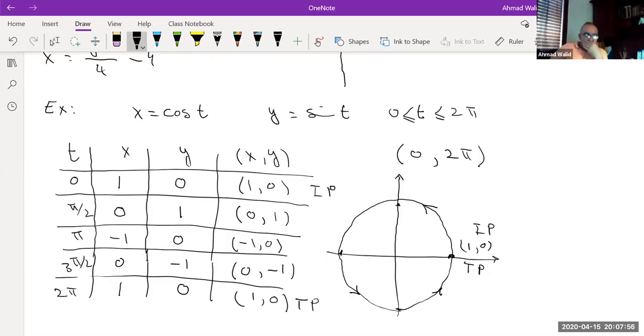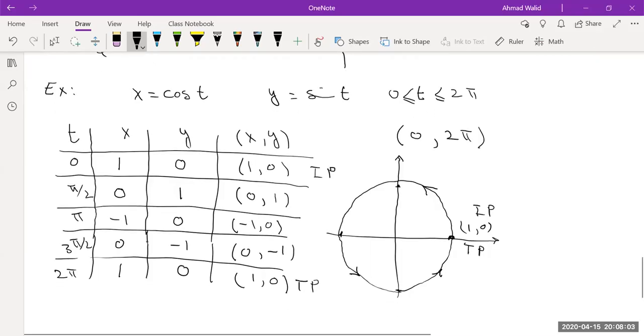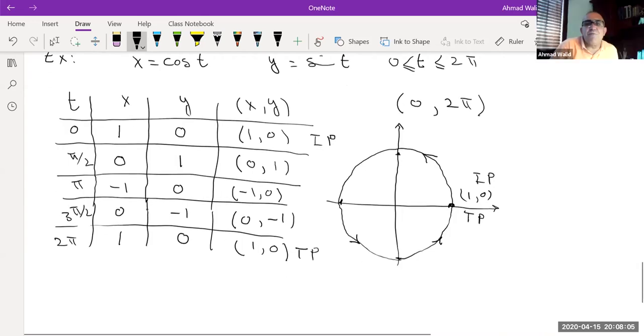Easy, difficult. Easy. What is the equation in algebraic way for this? What is the equation of a circle? A unit circle, center at 0, 0.